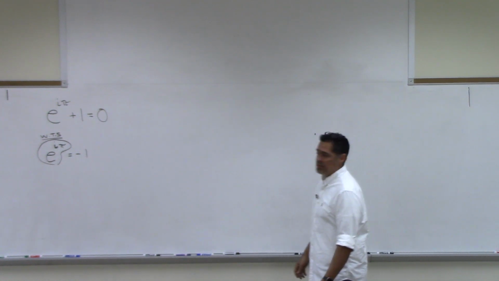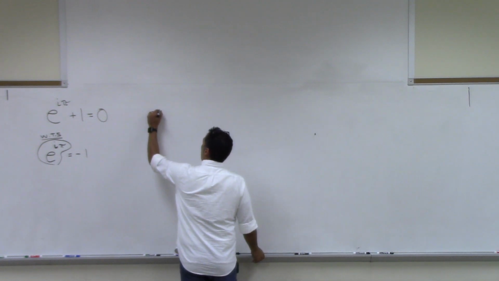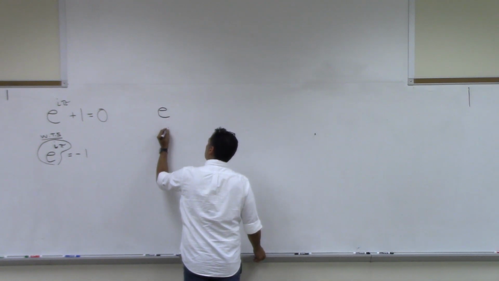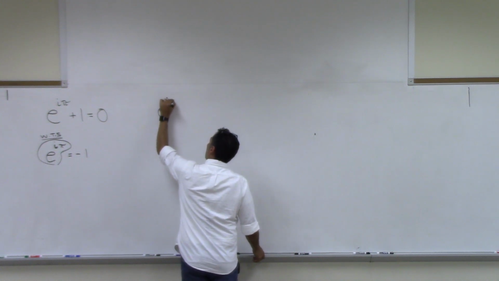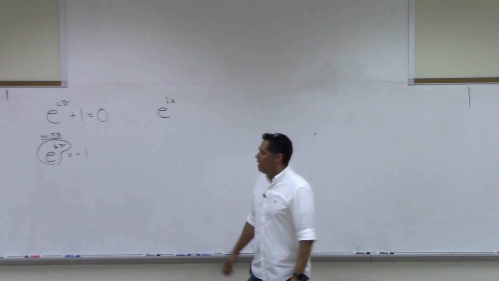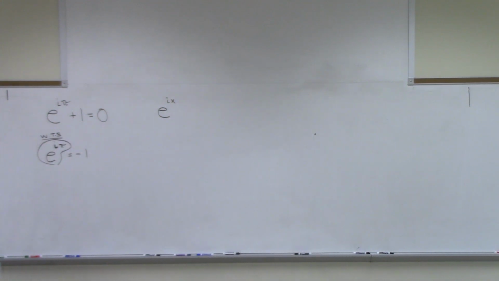So the way I'm going to do this is I'm going to say, what is e to the ix? Now, what I'm doing here is I'm saying, look, we have a Maclaurin series for e to a power, right? This power up top, that x, can be anything we want.